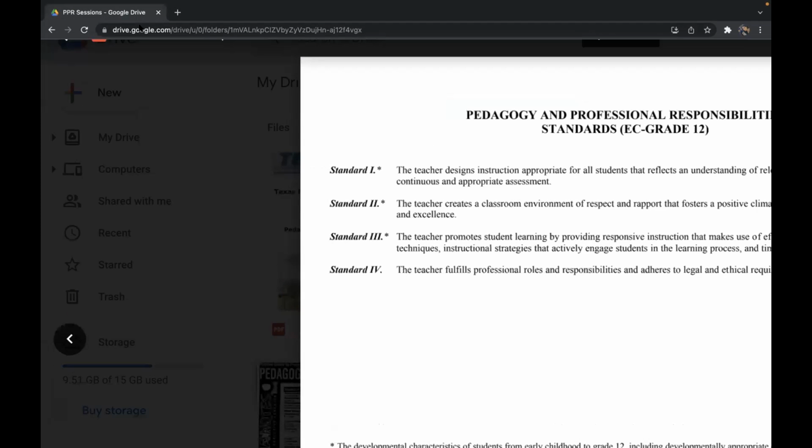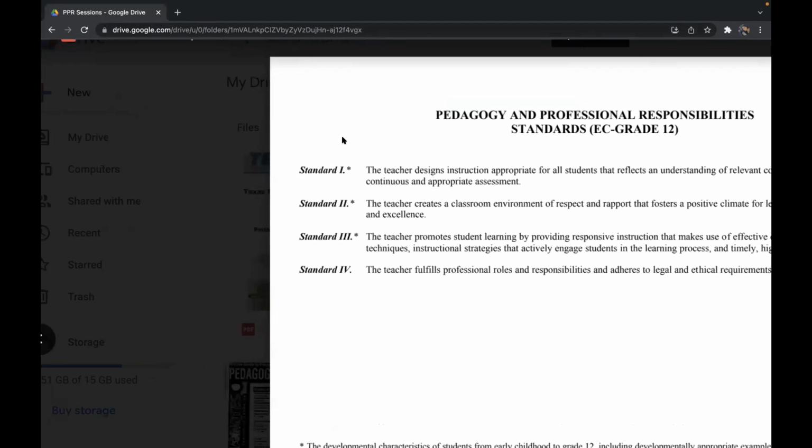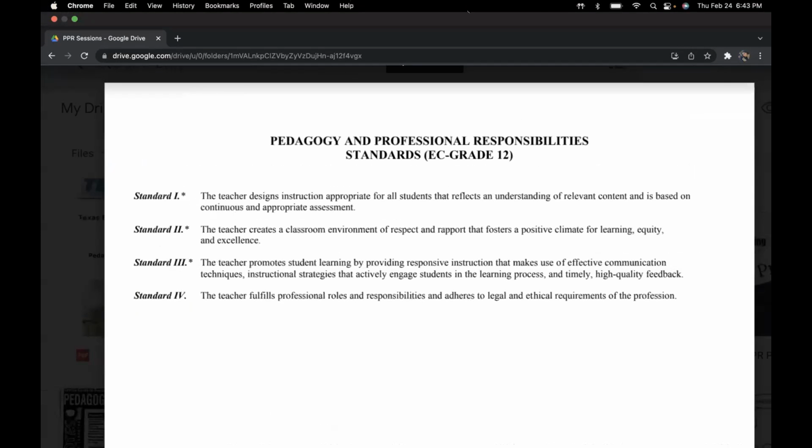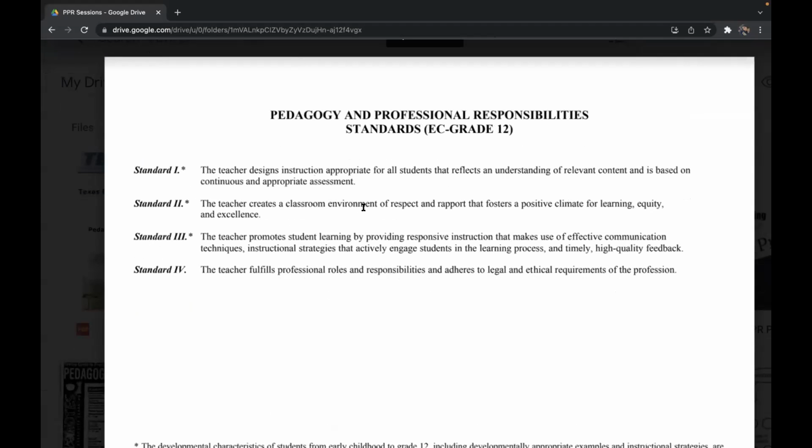So let me see what happened. So standard 1, let me see where my annotating stuff is. Standard 1 is domain 1. Domain 1 is only about standard 1. And it's worth 34%. So how important is it for you to understand standard 1?